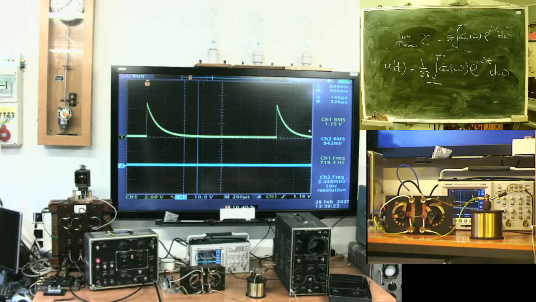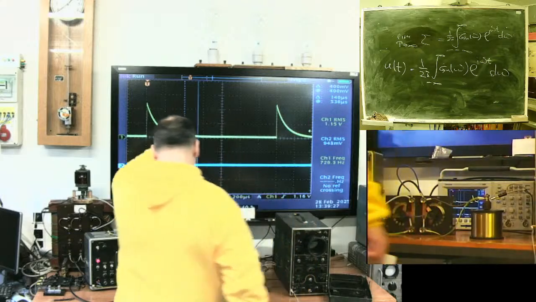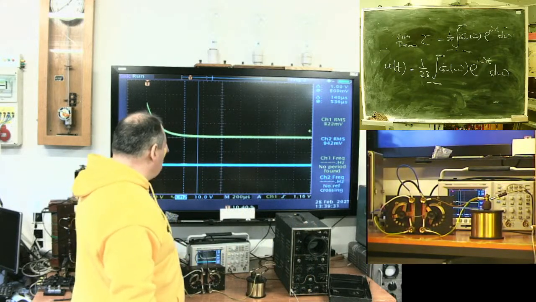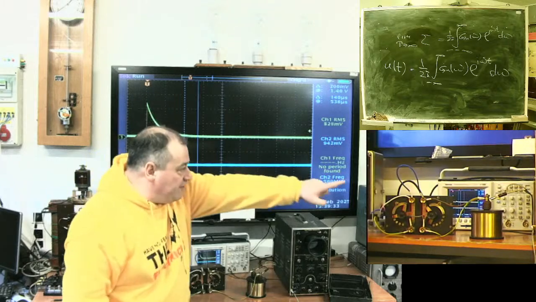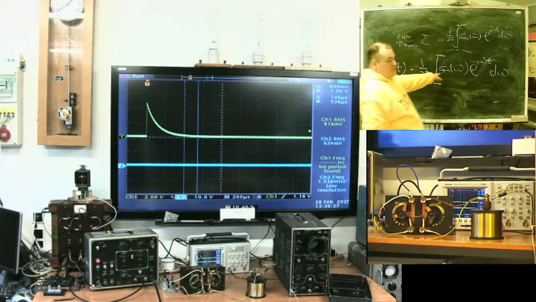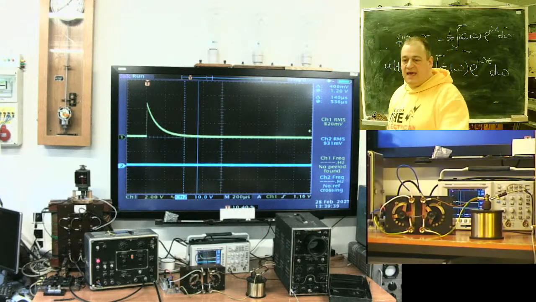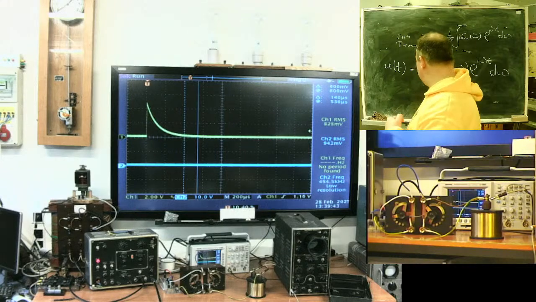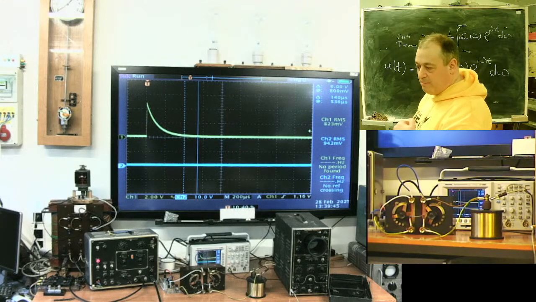Here is my inverse Fourier transform. For a non-periodic signal, with the help of this nice situation, I can get my result back.